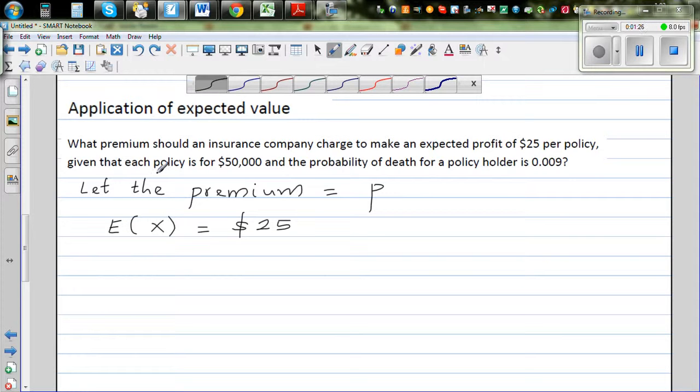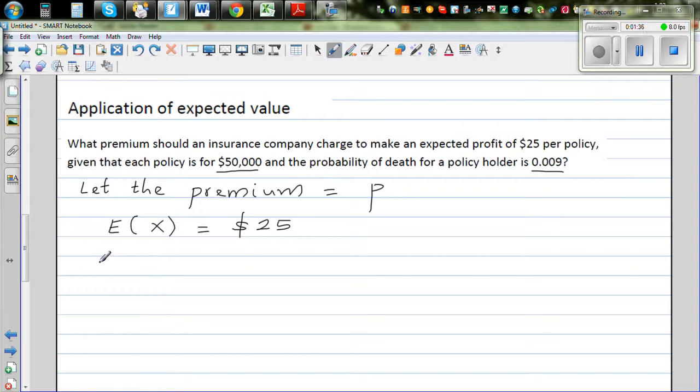The insurance amount is 50,000, and the probability that a person dies in that category is 0.009. So the probability of death is 0.009. This implies the probability of the policyholder being alive would be 1 minus the probability that a person dies, 0.009.